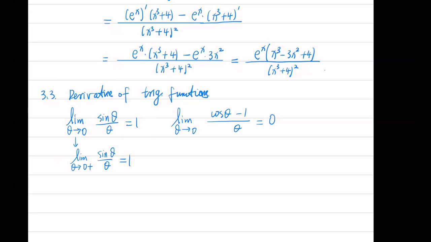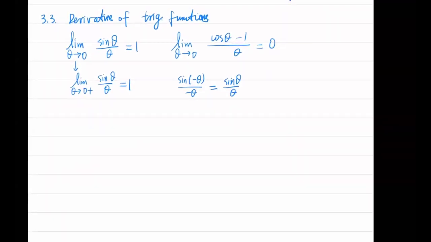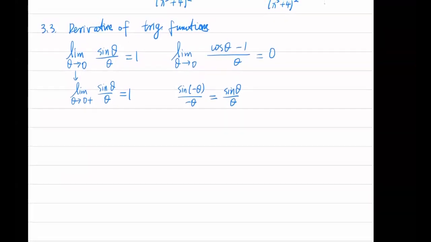Because if theta is negative, sine of negative theta is the same thing. If the limit on one side is 1, the other side is also 1. So we only need to check this positive side, where we have the geometry, the triangle. So what we know about this is sine is theta.